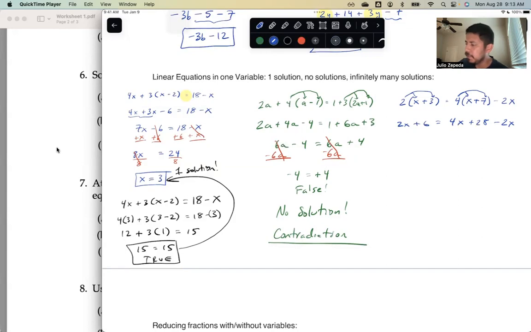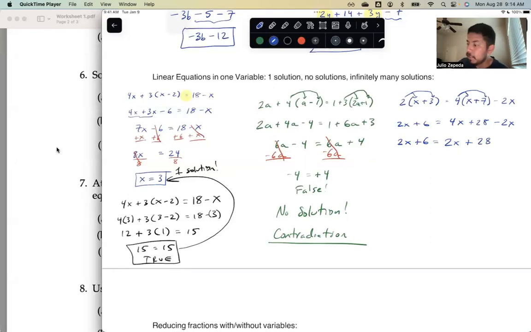But you can tell me in class if you see a mistake. So 2x plus 6 is equal to 2x plus 28.